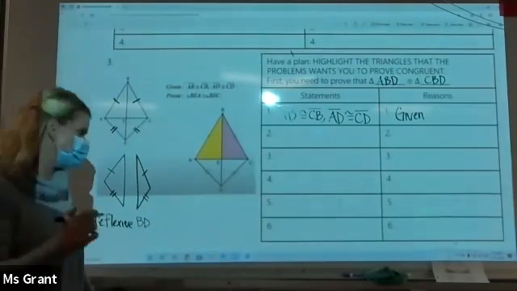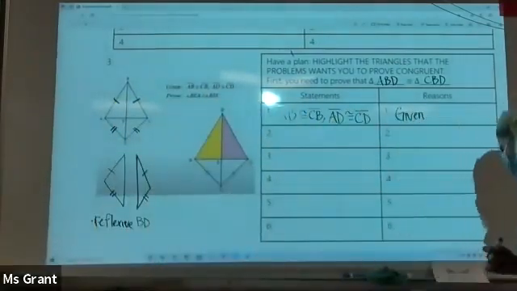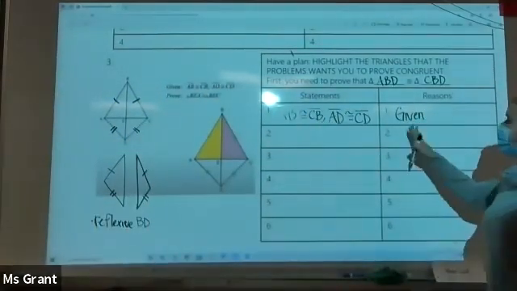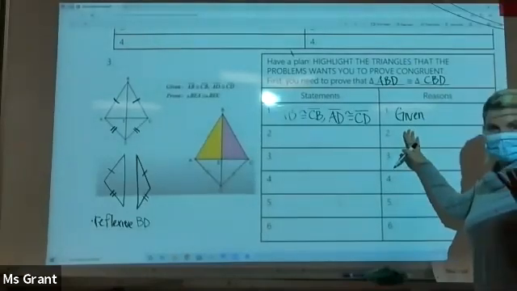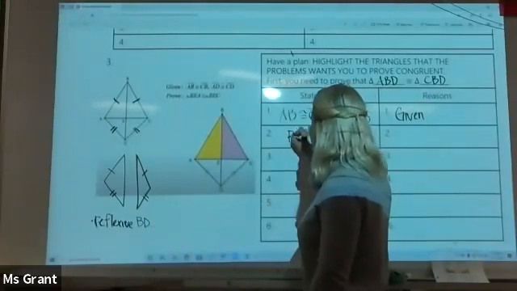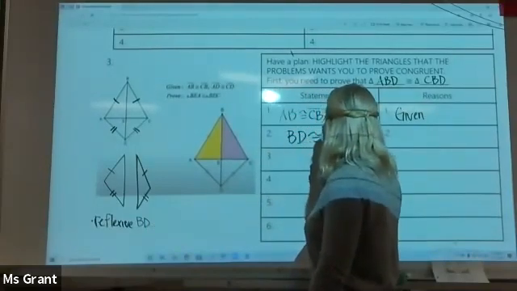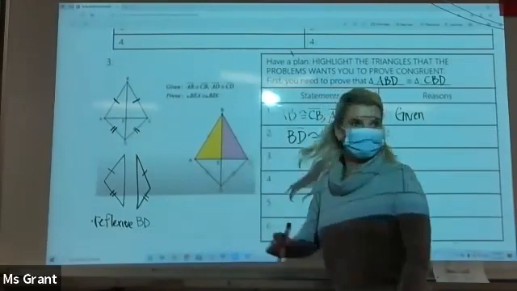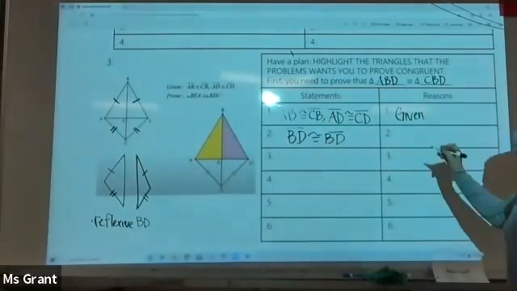This is a multi-step. So stay with me as I walk you through it. Now I'm going to say what I just put in the side of my brain, that BD is congruent to BD. And that's the reflexive property.